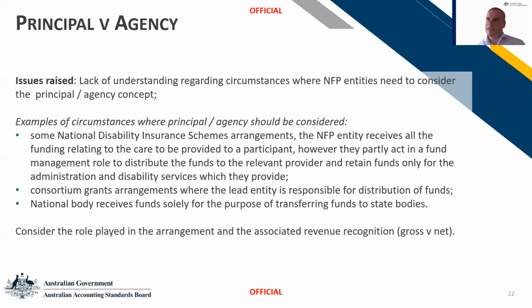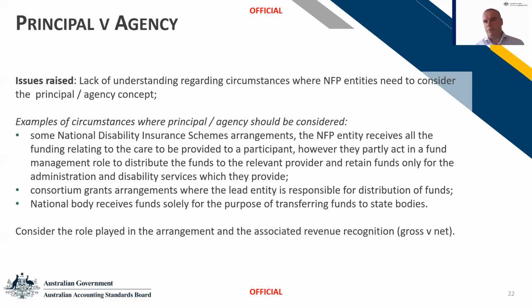But some of the examples are, I think, those situations where an entity may serve as a funnel to receive funds, but then pass them on to some other entities for them to achieve their objectives. So I think there are some National Disability Insurance Scheme arrangements, and then those consortium types of grants and national bodies in some kind of group situation.